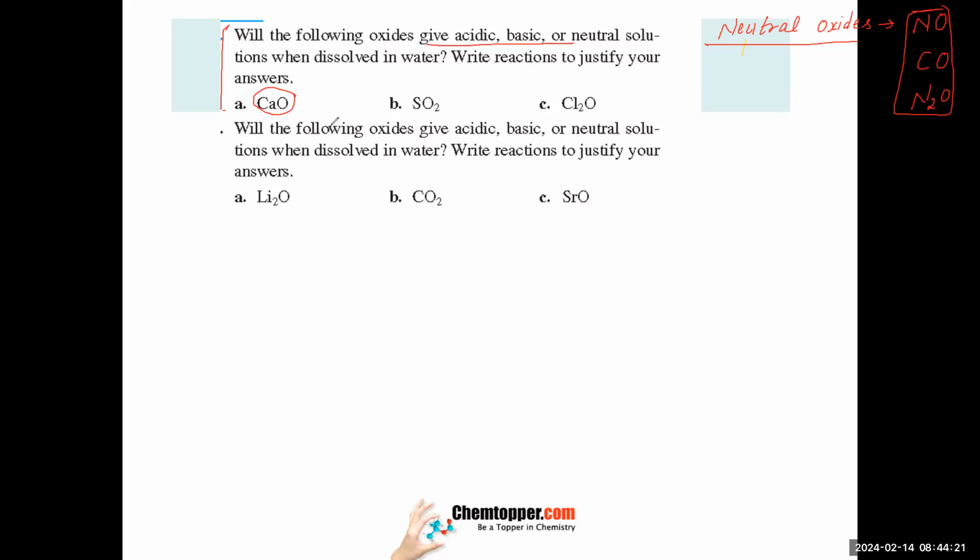Afan, try to answer. Go step by step, Aslisha. Look at the periodic table. Check where is this Ca. And then decide, is it a metal or non-metal?